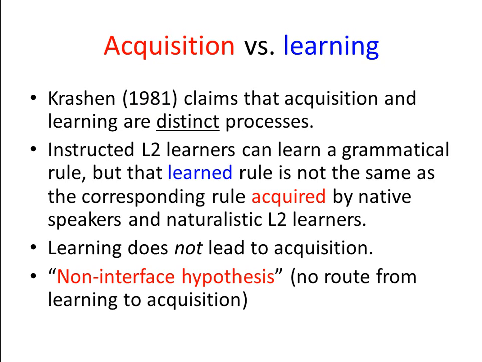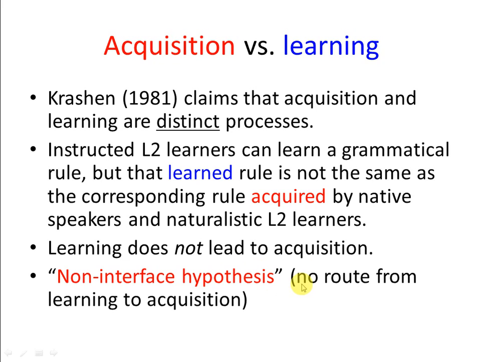So what is learned is not the same as what is acquired. So learning does not lead to acquisition. So even if you learn something, it doesn't mean that you acquired it. So what is learned does not become what is acquired.